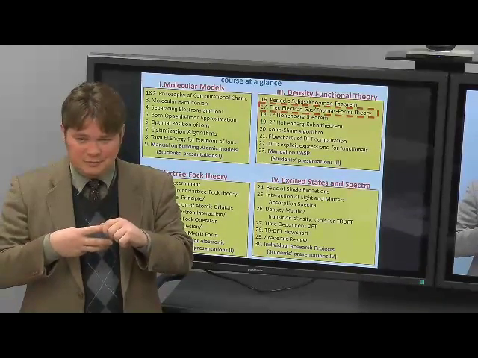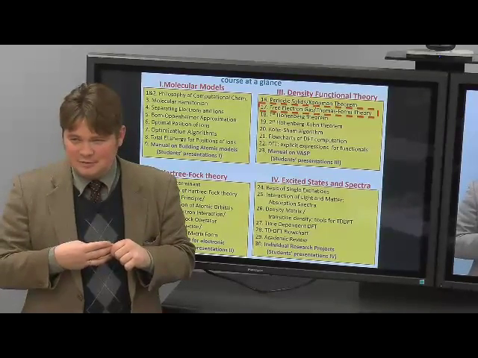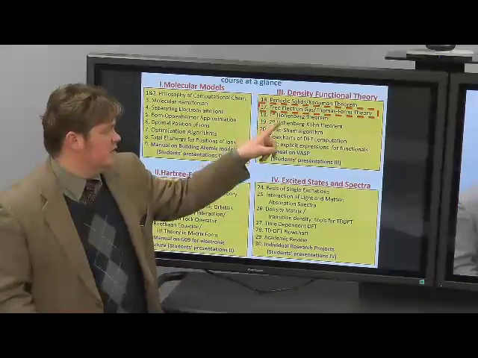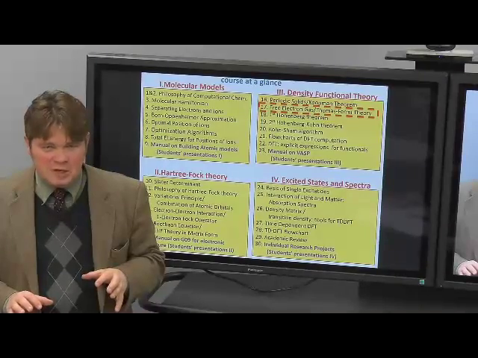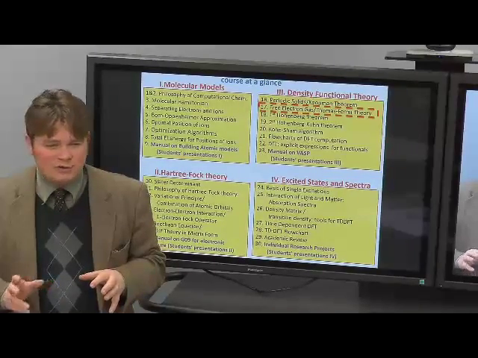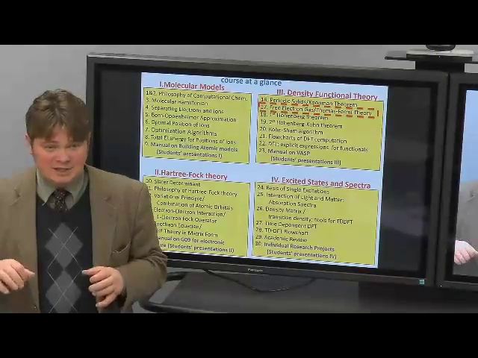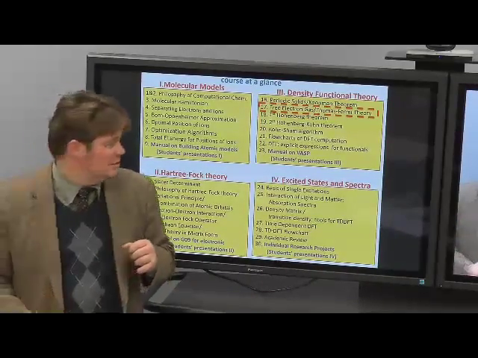Our first hardest was Born-Oppenheimer, second hardest was exchange energy, and third hardest will be theorems. So this theory is based on theorems that look a little counterintuitive.